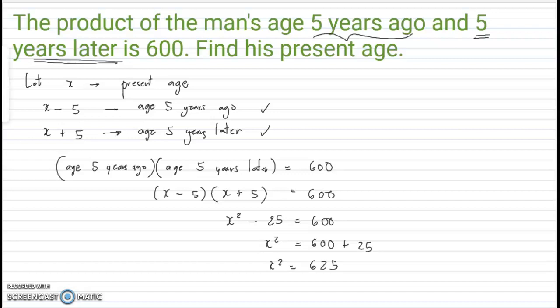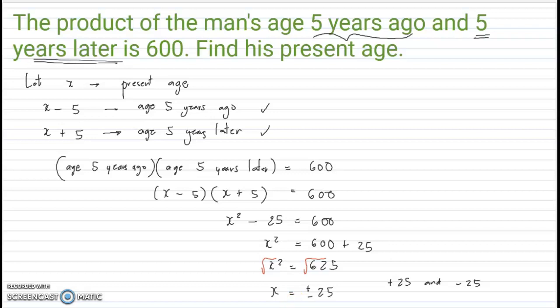And we can just get the square root of both sides, applying the square root property. So the square root of X squared is X, while the square root of 625, actually there are two square roots, positive and negative 25. But between the two, positive 25 and negative 25, which will pass as age?